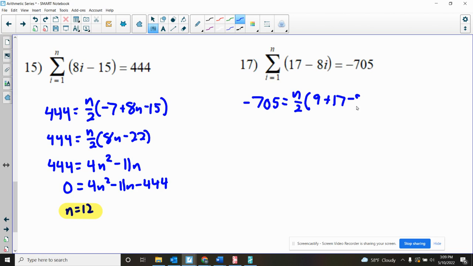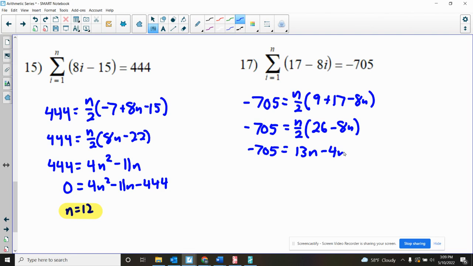You got 17 minus 8n. A little bit of simplifying. The 9 and the 17 together will give us a 26. Distribute the n over 2. So that'd be what? 26 over 2 is 13. 8 over 2 is 4.